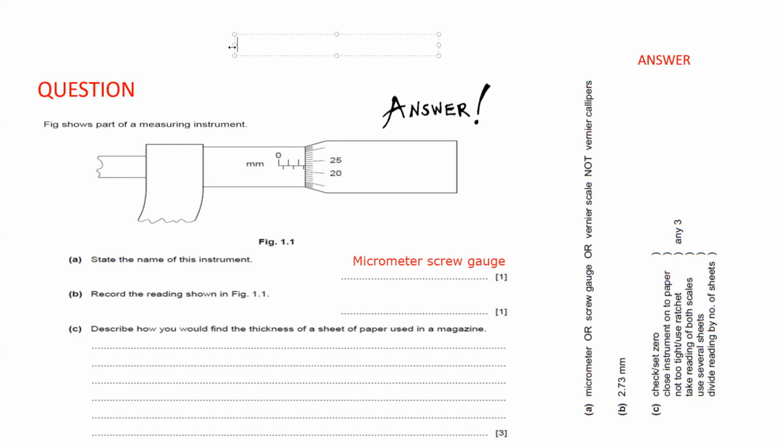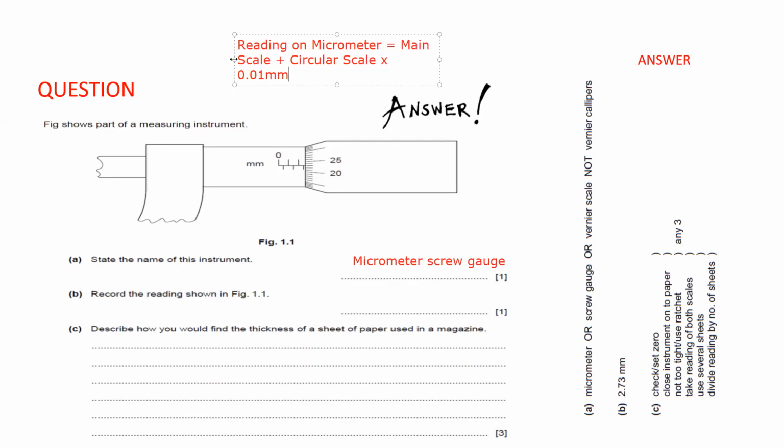The formula I told yesterday: if you want to read the micrometer, the reading on the micrometer is equal to the main scale reading plus the circular scale reading multiplied by 0.01 millimeter.